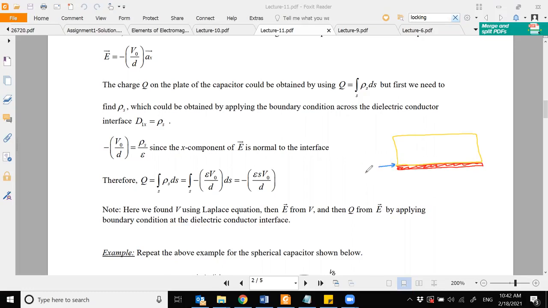So at this x is equal to 0. So this is the boundary. So what does the boundary condition say if you have a dielectric and a conductor? Does anybody remember for the conductor-dielectric boundary?